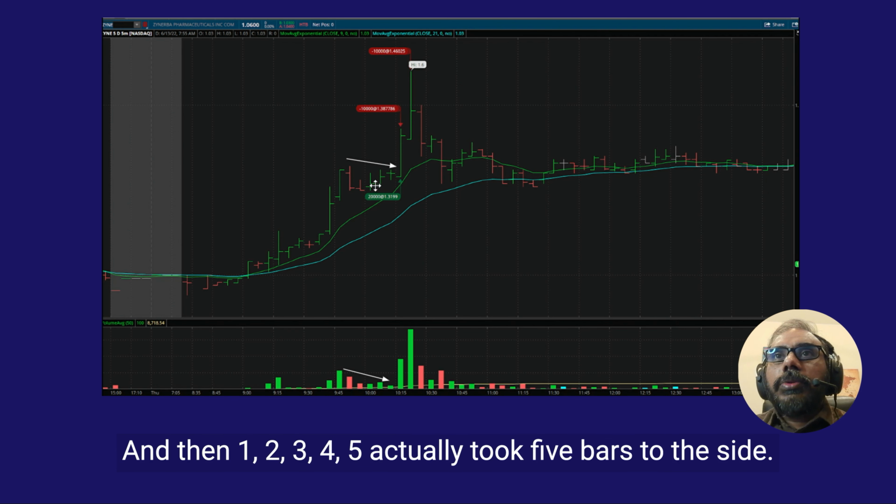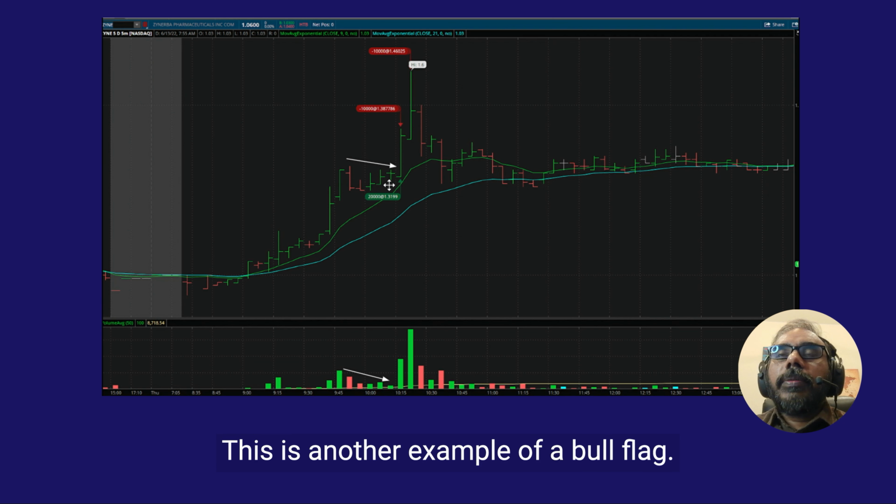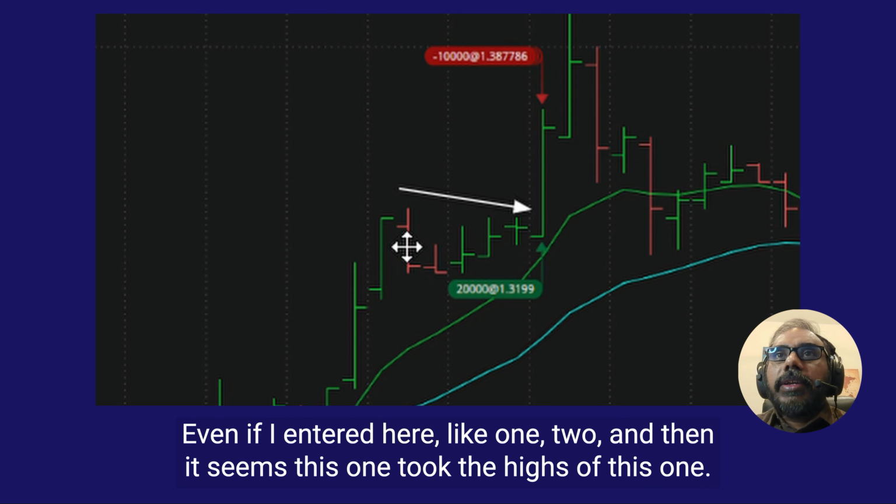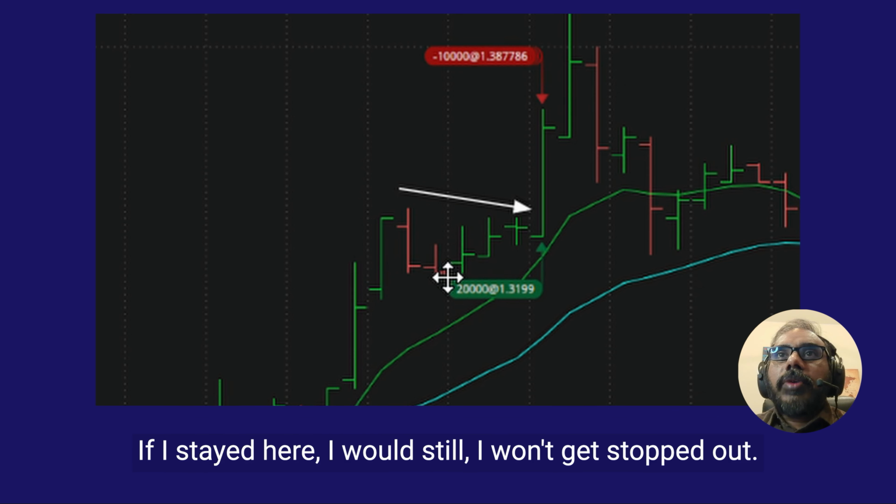And then 5 bars to the side and then took the highs. Yeah, this is another example of a bull flag. Even if I enter here, like one, two, and then this one took the highs of this one, if I stayed here, I would still not get stopped out and I can have this move.